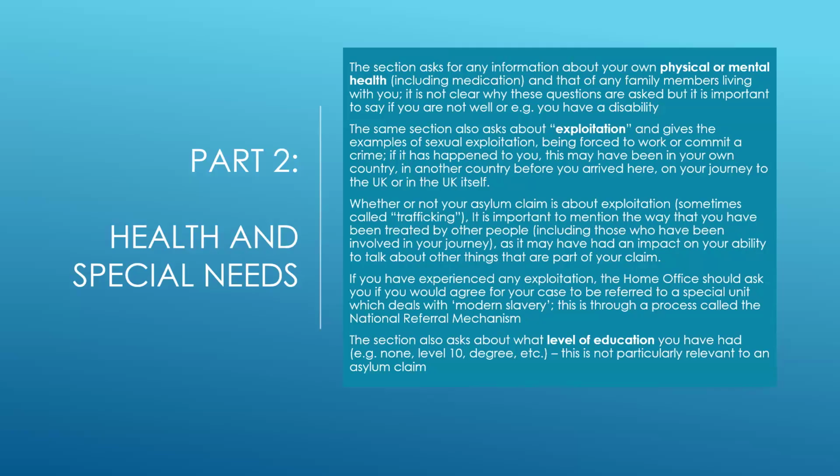Now, whether or not your asylum claim is about exploitation, which we sometimes call trafficking or modern slavery, it's important to mention the way that you've been treated by other people, including those who've been involved in your journey, the agents I'm thinking of in particular, but people that you travelled with maybe, as it may have an impact on your ability or willingness to talk about other things that are part of your claim.